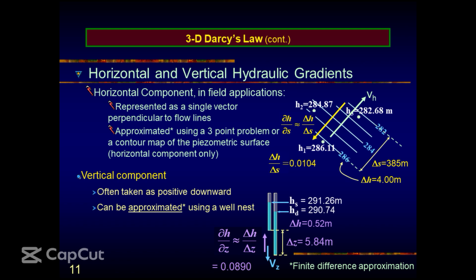Then, is there anything in common among these three? Anything in common? Water level in the aquifers.